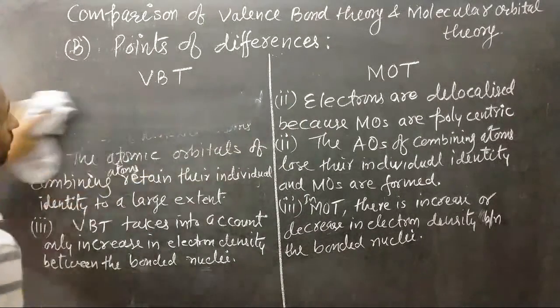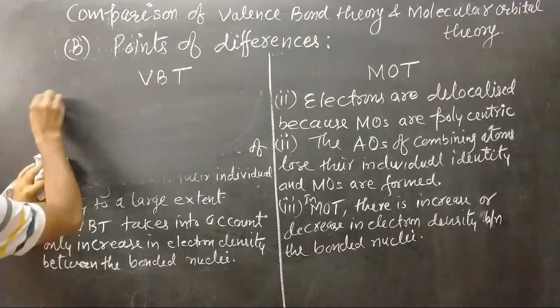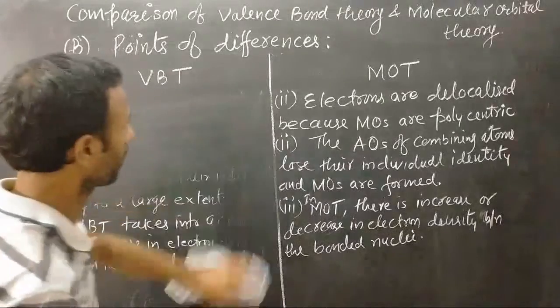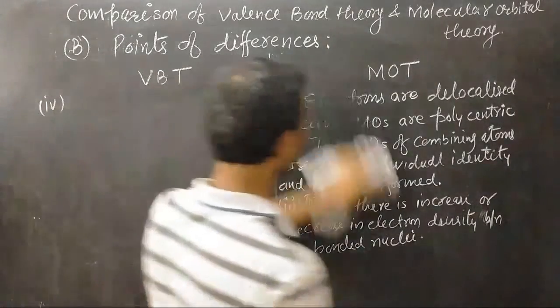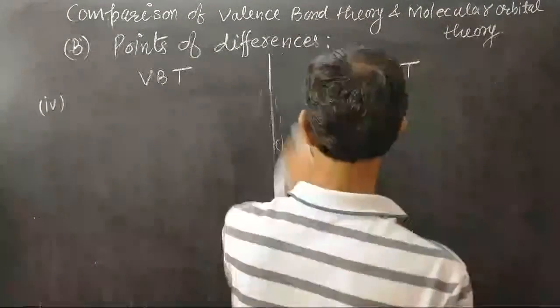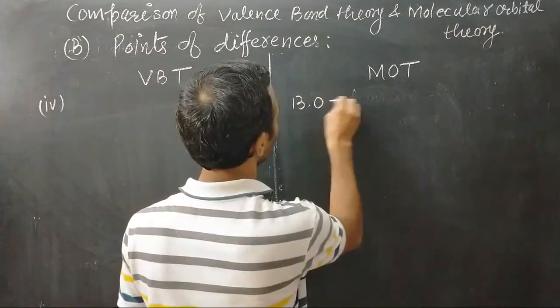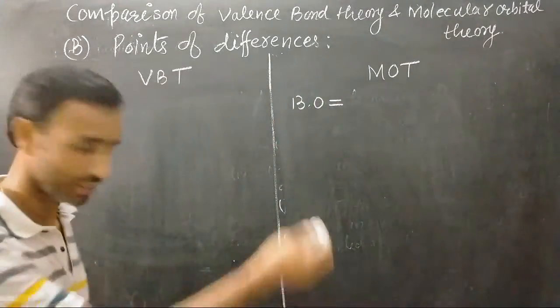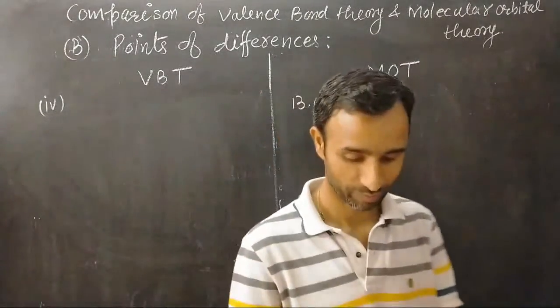In this case, valence bond theory, tell me how do we calculate the number of covalent bonds in valence bond theory and MOT? Yes, in MOT, bond order is calculated by, yes, write the formula used. If you have watched the video, you should know.